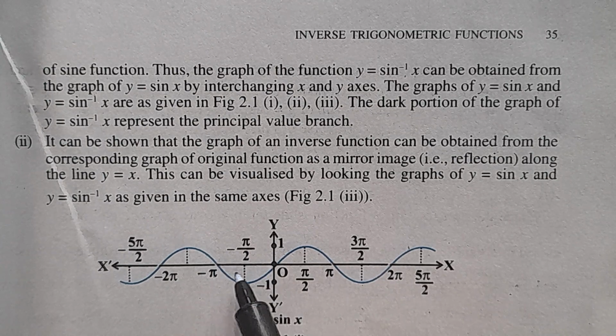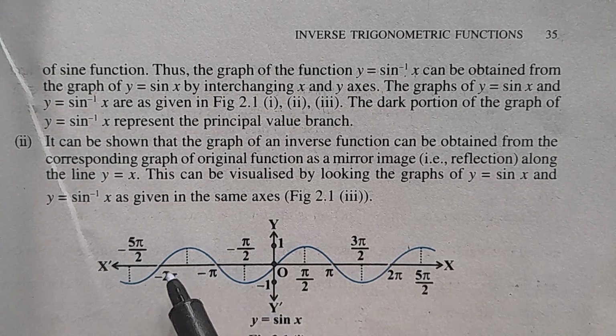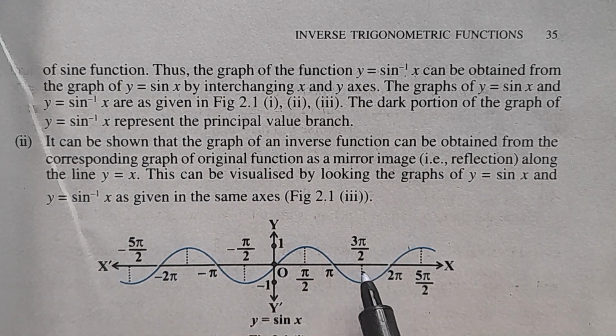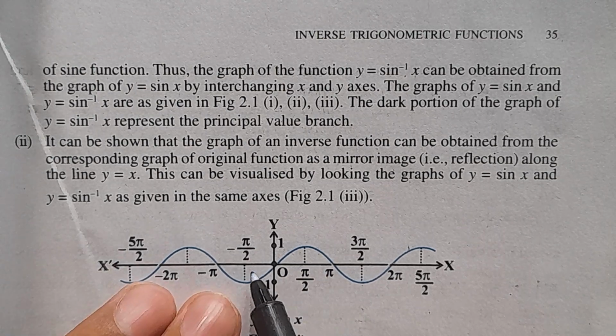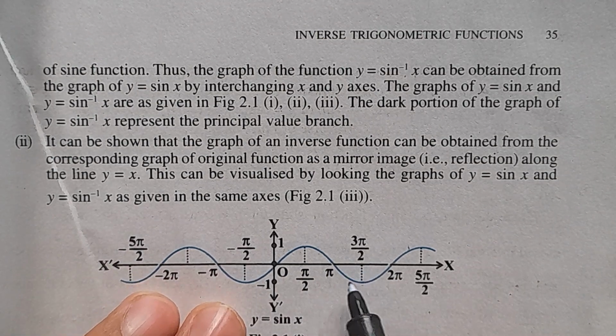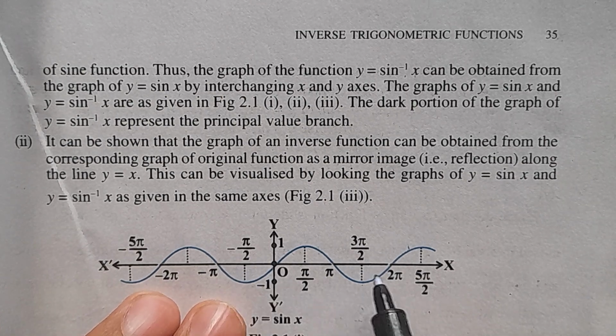So when the angle is 0 degrees, 180 degrees and 360 degrees, its value is 0. And on the y-axis, sine minus 90 or sine 270 is -1, depending on which quadrant the angle lies in.